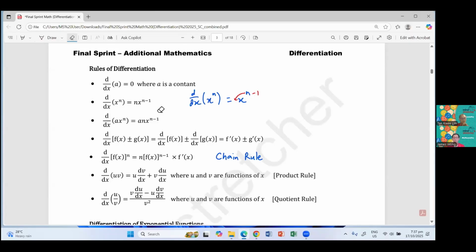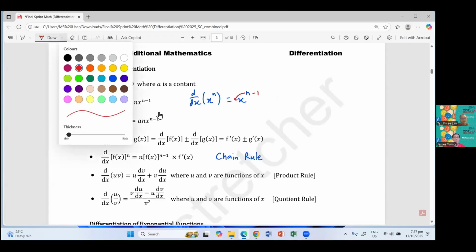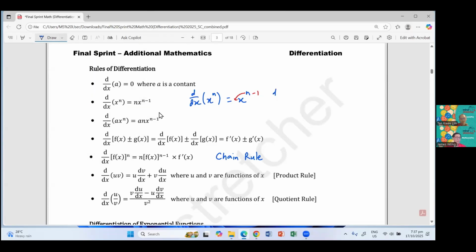Okay, so what I mean by this is, for example, d dx of a very simple one, x squared. What happens is this will become 2x, followed by 2 minus 1.